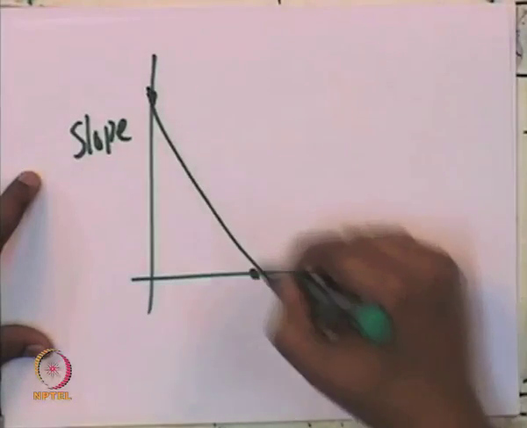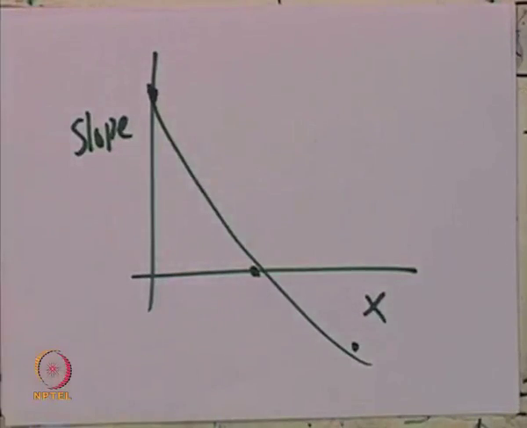So, the slope was somehow decreasing. This kind of curve where the slope is decreasing is called a convex shape.